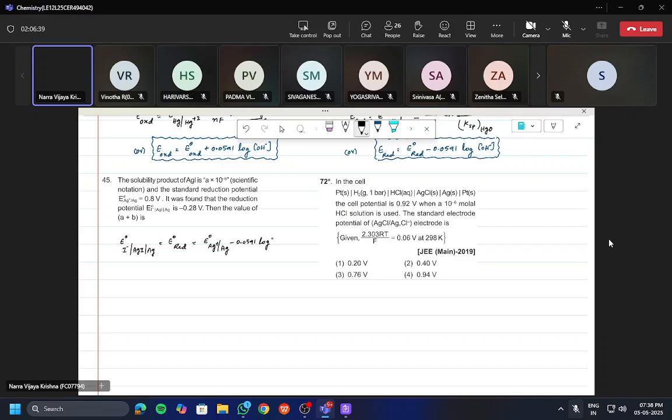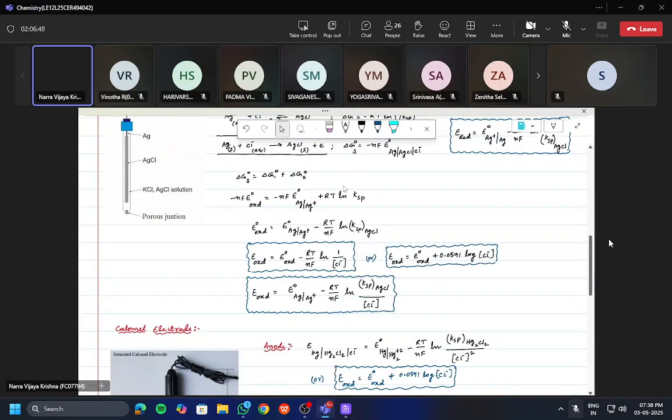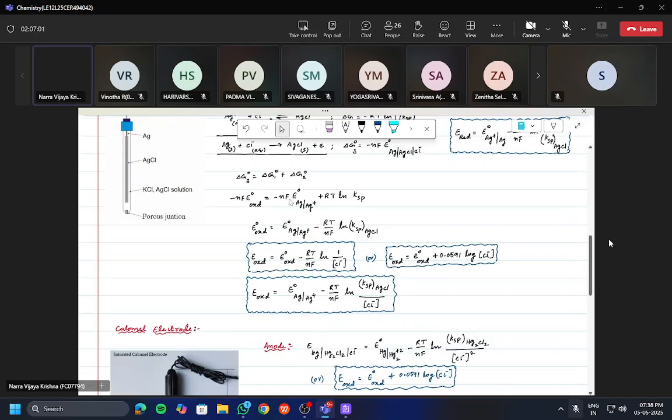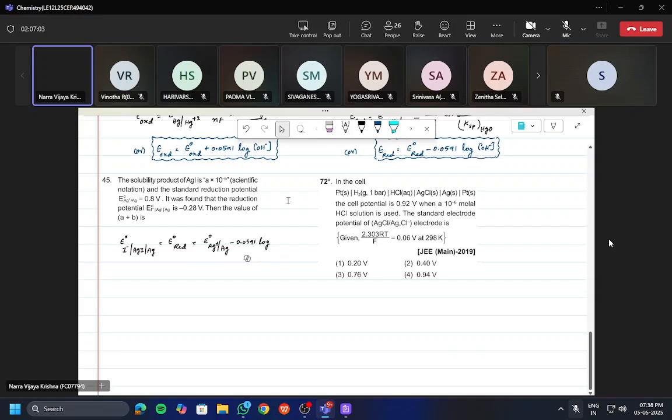We'll have a KSP term. Is it anode or cathode? Cathode. Cathode means you will get KSP in the denominator or numerator? See, if it is used as cathode, the KSP term will be in the denominator. If it is anode, the KSP term is in the numerator. So what do I have to write? Log I minus upon KSP of AgI.